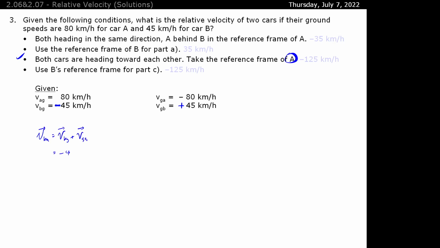VBG is negative 45 kilometers per hour plus VGA, which is negative 80 kilometers per hour, and that gives us negative 125 kilometers per hour.